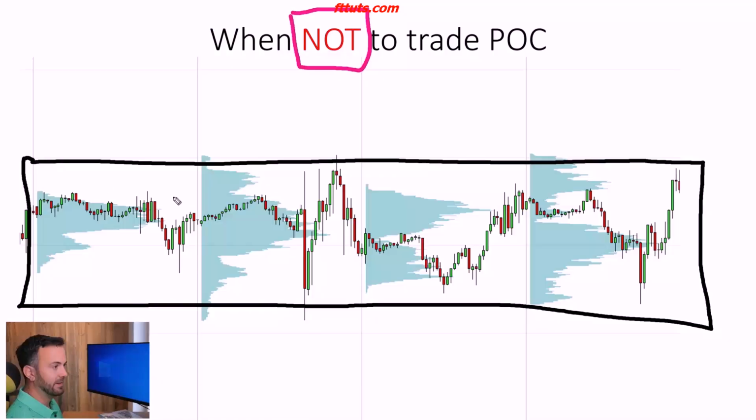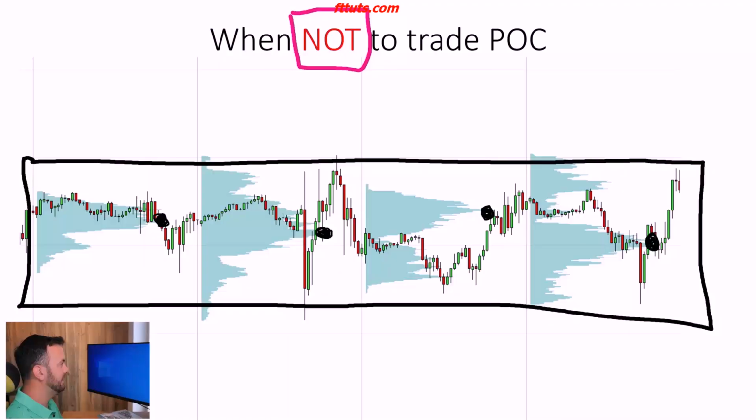The reason is that point of control in a rotation is usually somewhere around the center of the rotation. So this is the point of control of the first profile, second profile's point of control is in here, then there's point of control in here, the last profile has point of control in here.